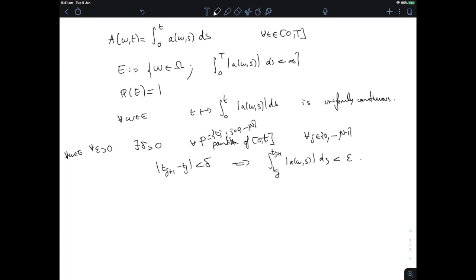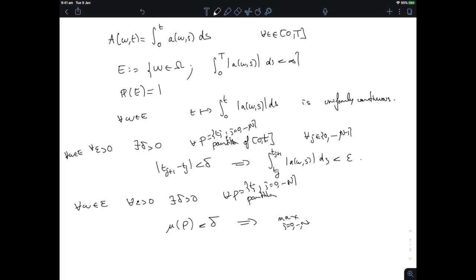So what we have, in other words, is that for every ω in E and for every epsilon, there exists a delta such that for every partition P, again P being a family of t_j's, if the mesh size of P is smaller than delta, then the maximum over all j's of the integral from t_j to t_{j+1} of a(ω, s) ds has to be smaller than epsilon.